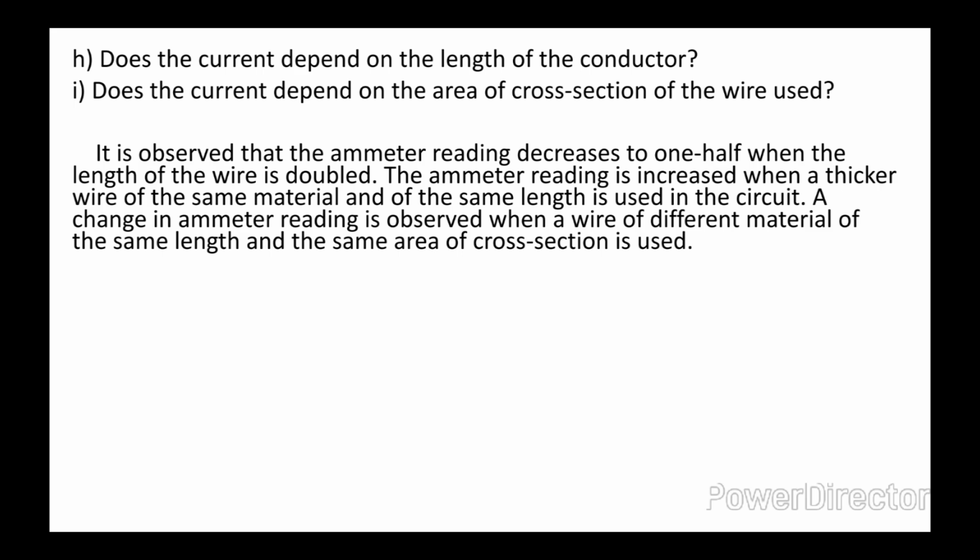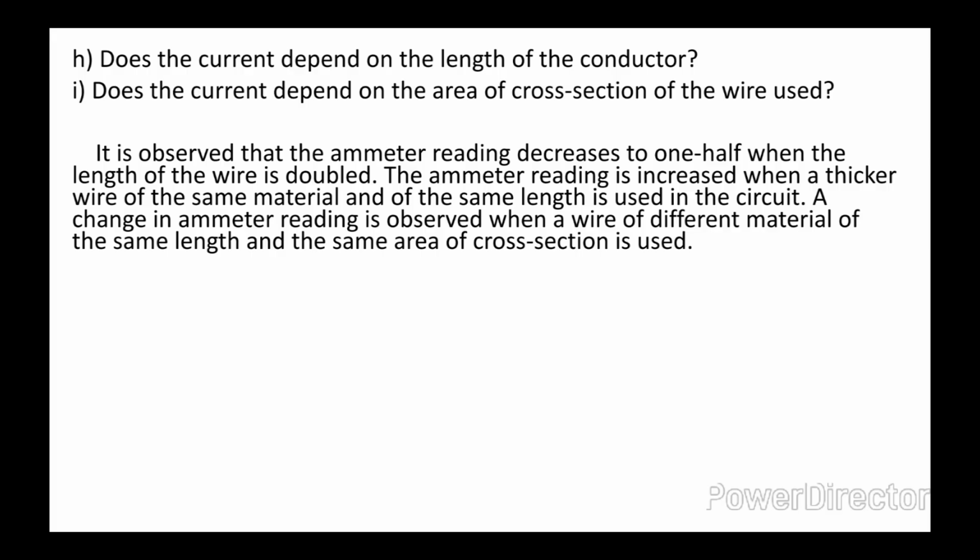That means if the wire length is doubled compared to the first case, the ammeter reading decreases to 1/2, and the ammeter reading increases when the thicker wire of same material and same length is used. So you can see the increase in the current when the thicker wire of same material and same length is used, and you will observe the change in the ammeter reading when you use a different material.